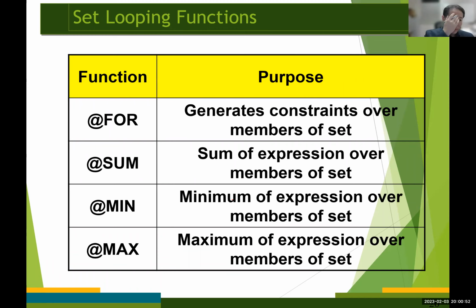And @SUM is probably the most frequently used set looping function. And of course, it computes the sum of an expression over all the members of a set. And @MIN or @MAX computes the minimum or maximum of an expression.